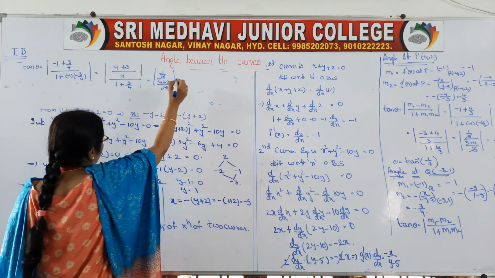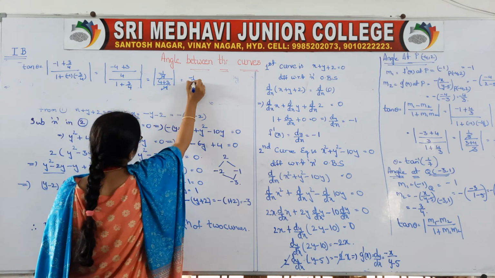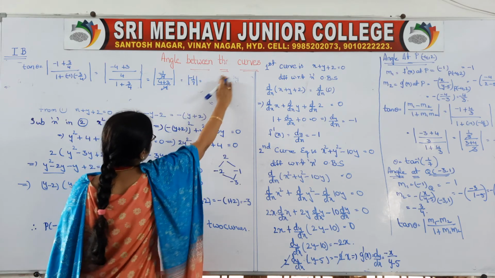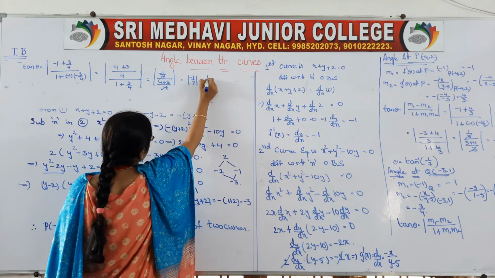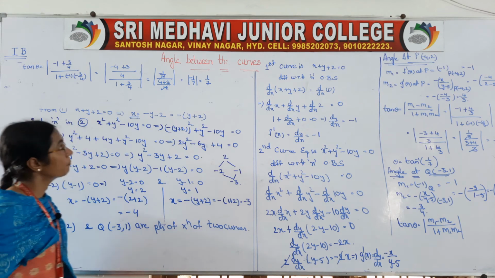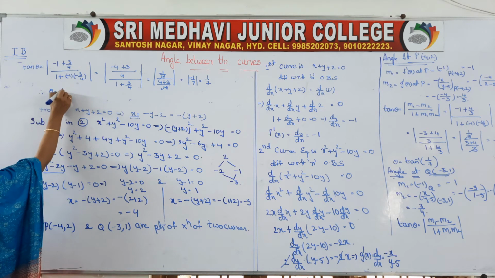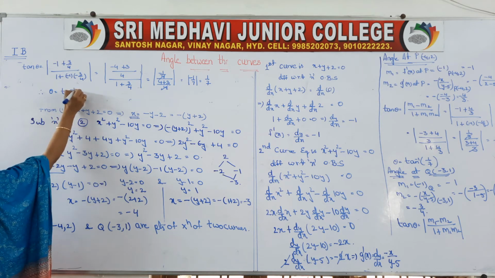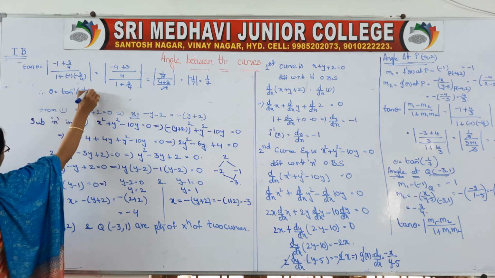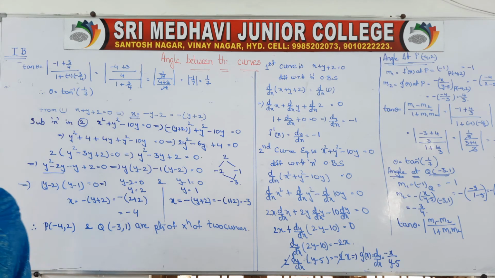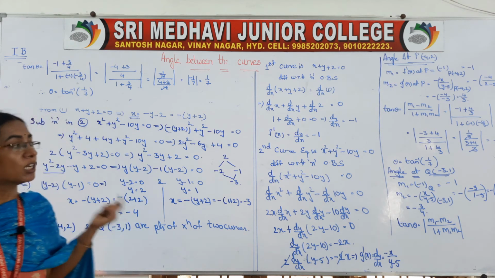The 4s cancel, and it is equal to -1 by 7. Modulus is there, so it is 1 by 7. Therefore theta is equal to tan inverse of 1 by 7, which is the angle between the curves at Q.